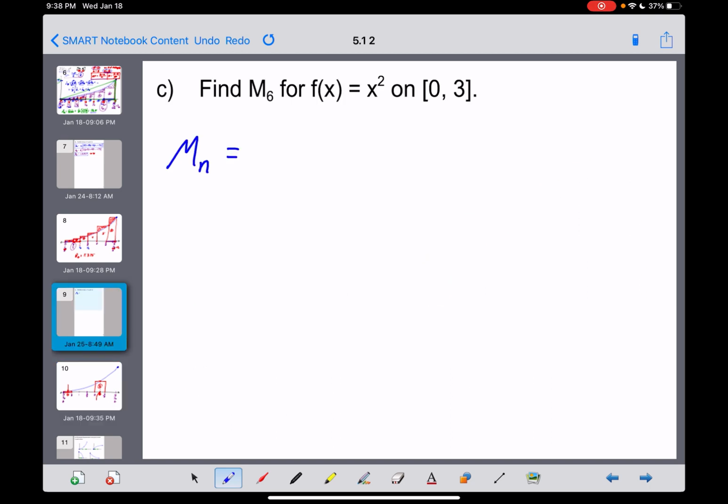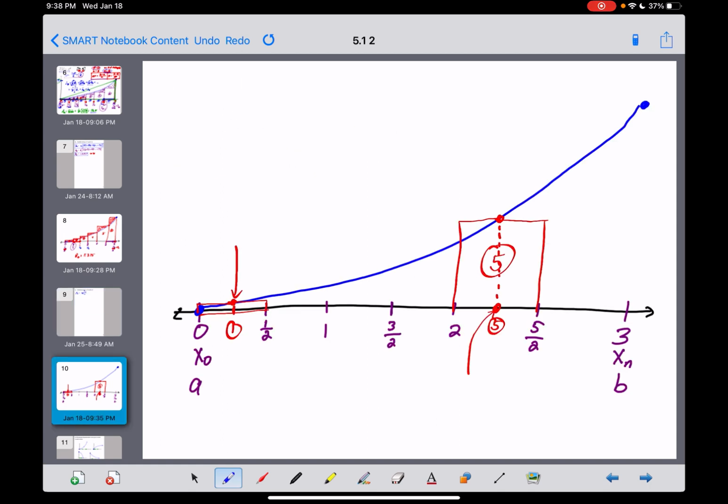It is still going to be our generic delta x value, just like it was in the last 2. But now, where do we have to evaluate the function in order to get the height of the first rectangle?